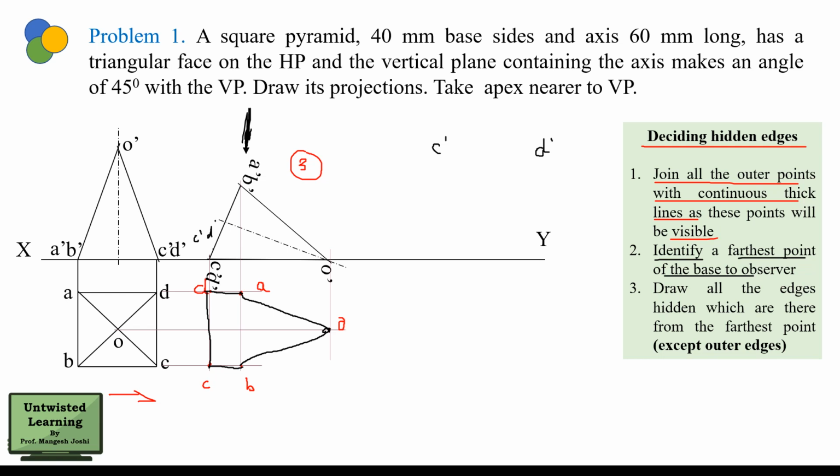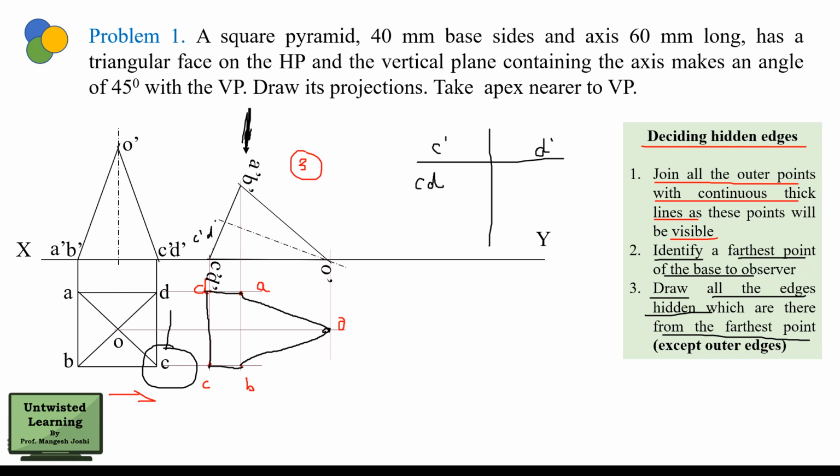The third step: draw all the hidden edges which are there from the farthest point except outer edges. Now let us note down the edges which are coming from C dash and D dash. So from C dash you can see, CD is the edge.